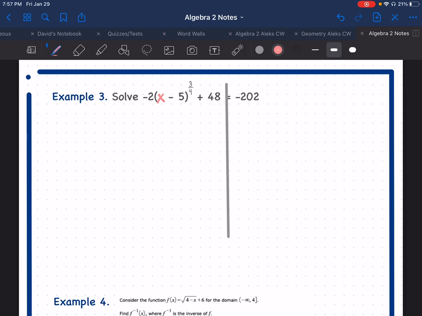And you want to start isolating. Before I can take this to the power, I've got to get rid of this, then this, and then I can get rid of the power. After I get rid of the power, I'm going to have to get rid of the 5 because it's inside. So let's start. I'm going to subtract 48.